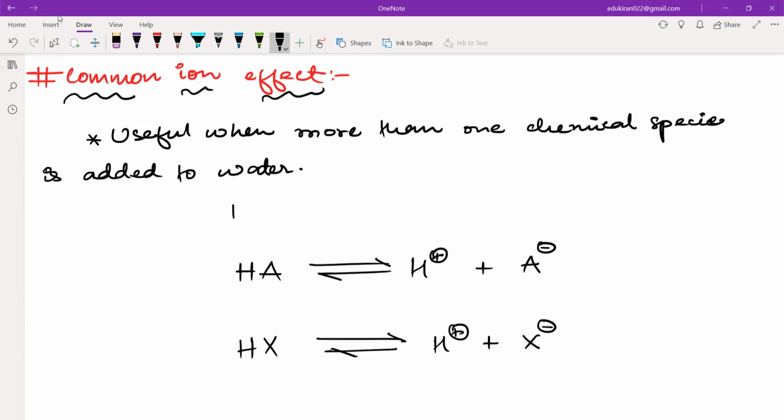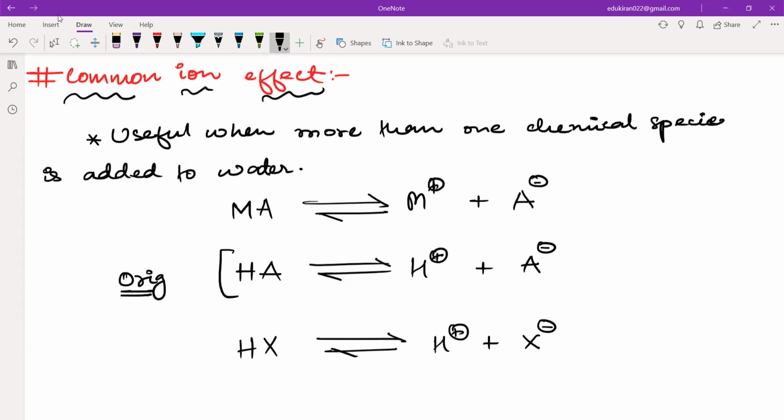And I added another molecule, MA. So I'm going to get M positive plus A negative. Now this is our original or primary reaction.